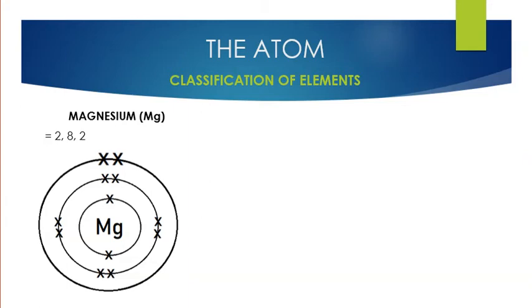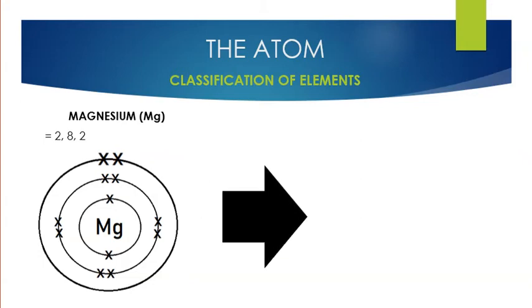And so when magnesium undergoes ionization, or simply loses the electrons that are in the outermost shell, what will happen is that it will form a magnesium ion. You can see that for the abbreviation of the magnesium ion, we've got 2 plus.